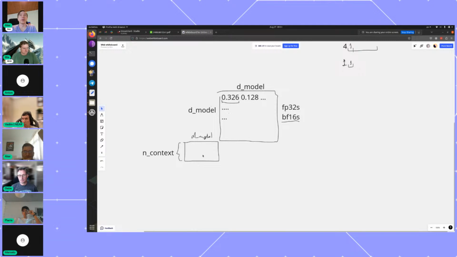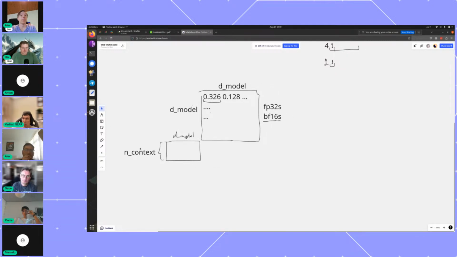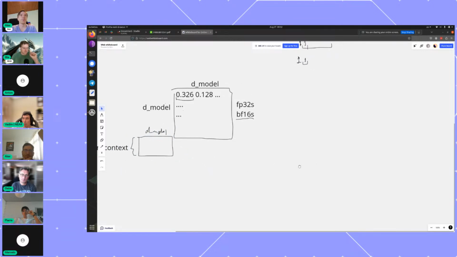So we have an input tensor and a matrix that we multiply by. So we have the same input, and we multiply it by a matrix. So the matrix changes specifically for every weight.